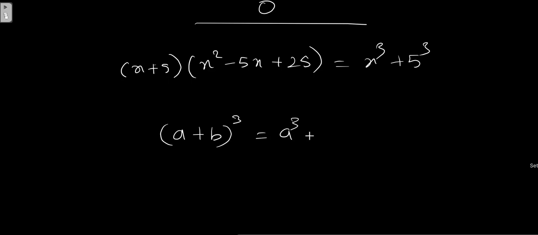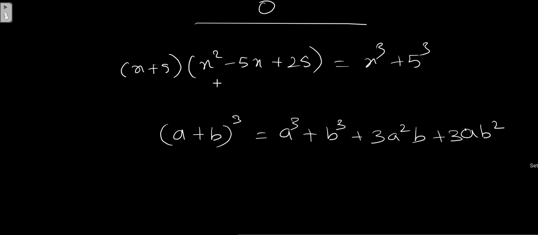Actually, this is a formula: a plus b the whole cube is equal to a cube plus b cube plus 3a square b plus 3ab square.